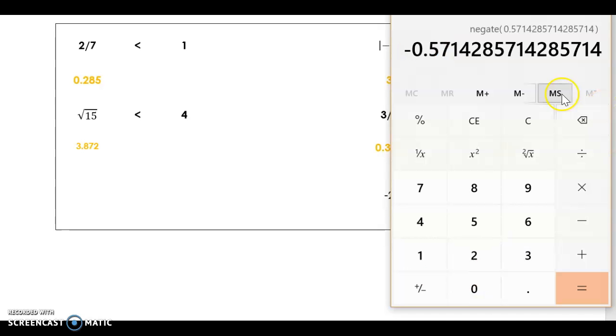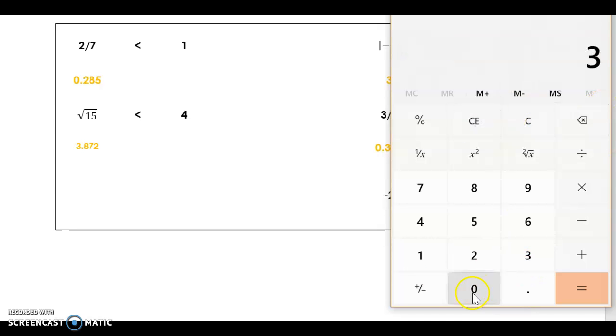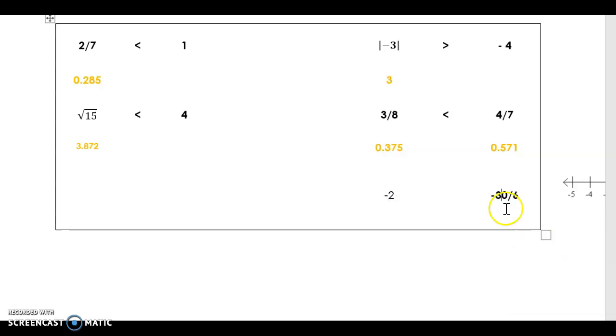So we have a negative, so let me clear this out. -30 on top, and be careful with the order of how you enter it in. Depends on the calculator, so just make sure you're looking in your entry screen. You're dividing it by 6, and we get -5. So this value is -5 when we're looking at converting it. Didn't make a decimal, but it could be -5.0, but -5, it comes out to a whole number.